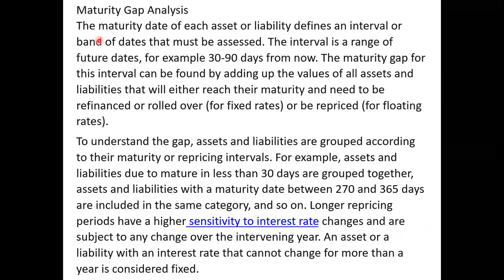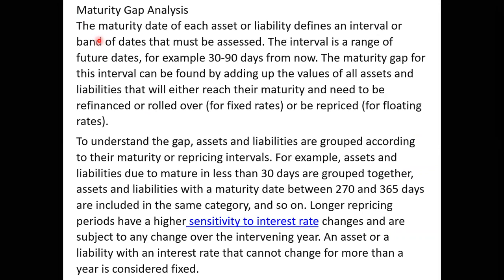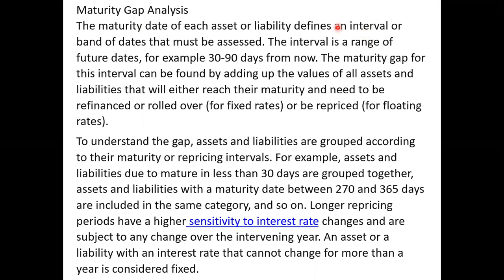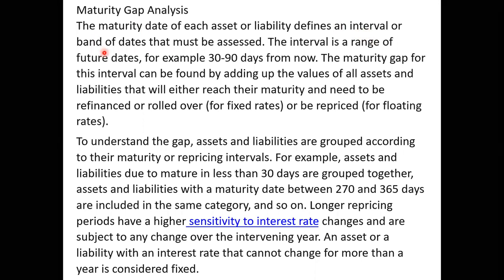The maturity date of each asset or liability defines an interval, right? Interval means a period or a band of dates that must be assessed. The interval is a range of future dates, for example, 30 days.